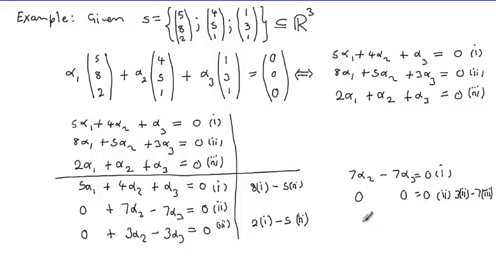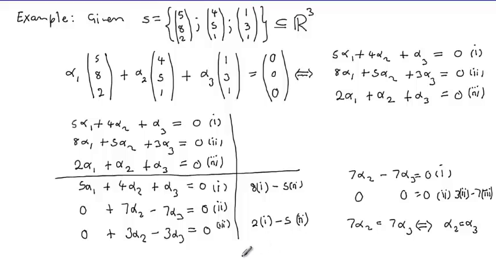Then from this equation 1, we get that 7 alpha 2 is equal to 7 alpha 3, which is equivalent to saying alpha 2 is equal to alpha 3. Now we can substitute alpha 2 or alpha 3 in equation 1.